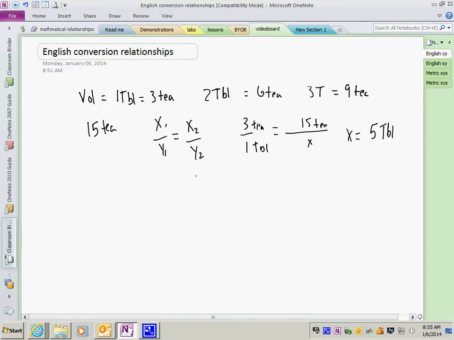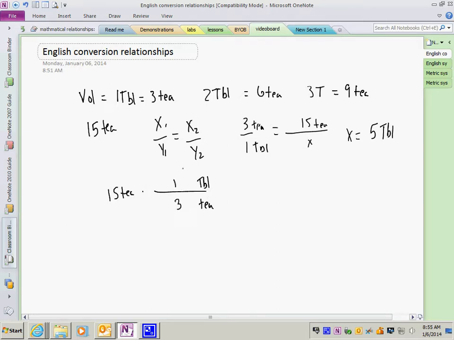If I were to do this with factor label, again, I would start out with my 15 teaspoons, and I would use my unit analysis conversion, my ratio, which would be 3 to 1. Setting up my conversion, the teaspoon has to go on the bottom and the tablespoon has to go on top. It would be a 3 to 1 relationship.